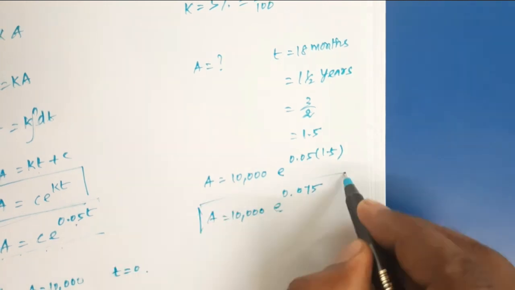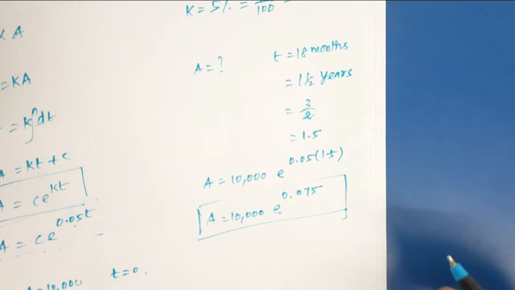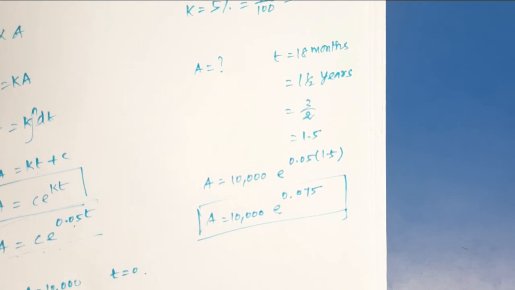So after 18 months, the amount in his bank account will be 10,000 into e power 0.075.